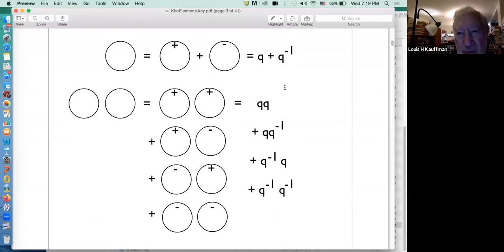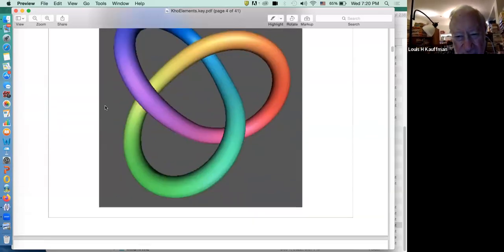But that's the same as Q plus Q inverse squared, isn't it? If you square Q plus Q inverse, you get Q times Q, Q times Q inverse twice, and Q to the minus 2. So in fact, we're just putting the binomial theorem down into the states. And we are going to get the value of 2 loops is Q plus Q inverse squared. The value of 3 loops will be Q plus Q inverse cubed, and so on. The enhanced states take care of the binomial theorem for us.